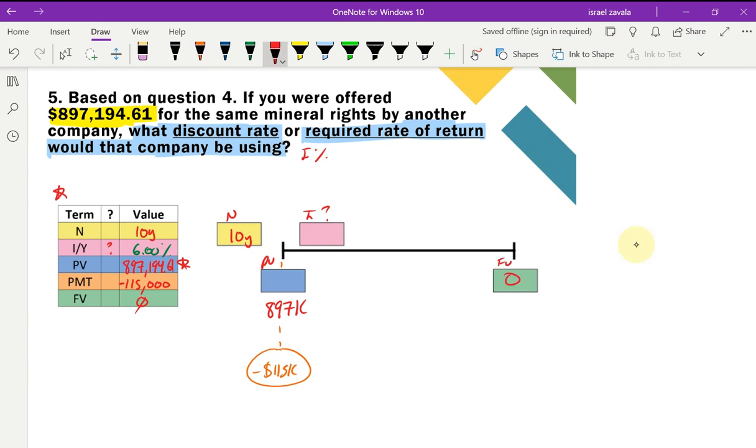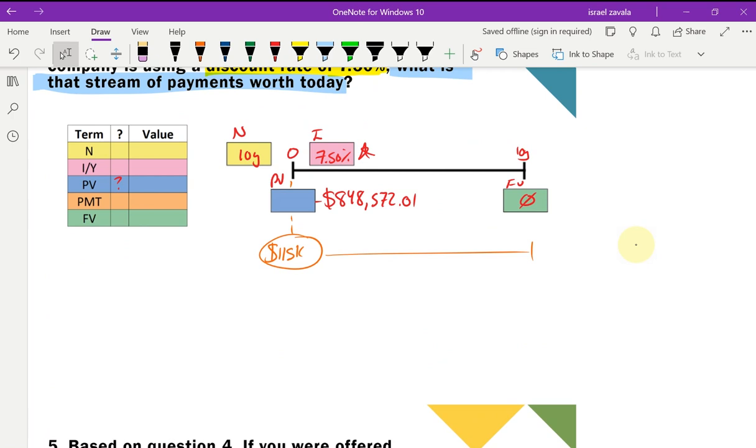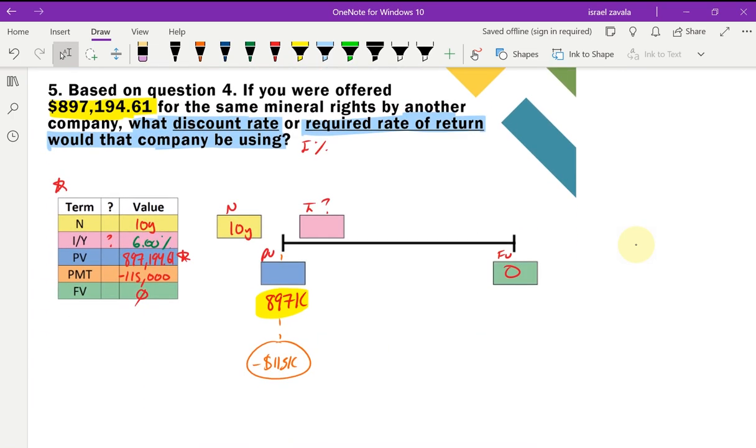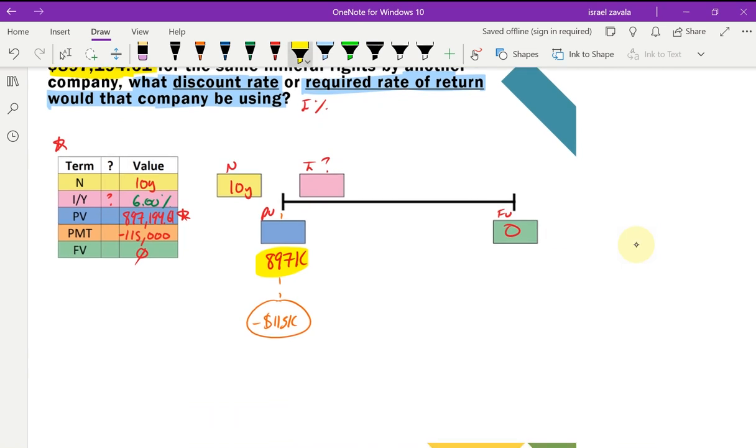So what we're trying to say here is, well, they offered us 897,000, which is more than the 848, right? You need to compare it to the same stream of income, right? There's still going to be 10 years of this 115,000, but they're willing to offer you one lump sum today. So what discount rate are they using? And that discount rate is 6%, right?